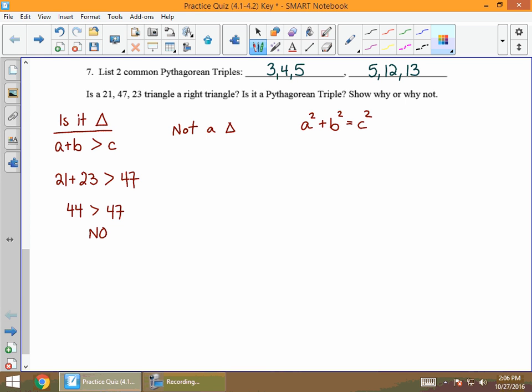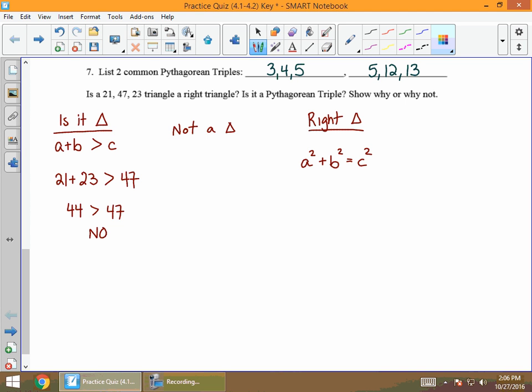If this is true, this will prove whether a triangle is a right triangle. So if it passes test 1, it'll pass test 2 for being a right triangle if a squared plus b squared equals c squared.